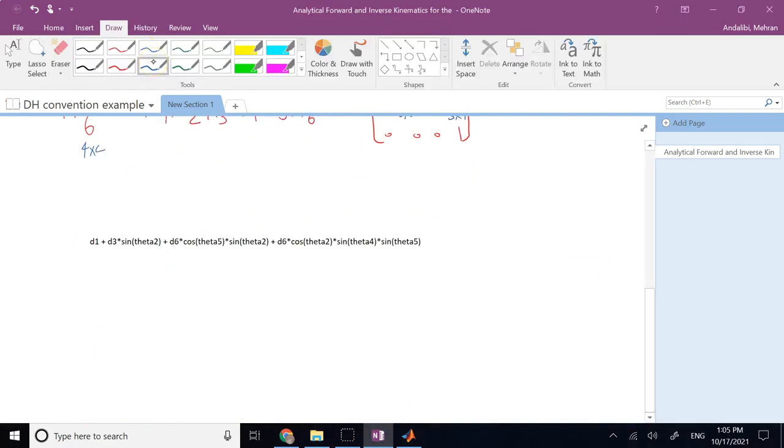If I want to use abbreviations S for sine and C for cosine, then Z of the end effector in base, or Z of 6 in 0, is going to be D1 plus D3 S2 plus D6 times C5 times S2 plus D6 times cosine of theta 2 times sine of theta 4 times sine of theta 5.